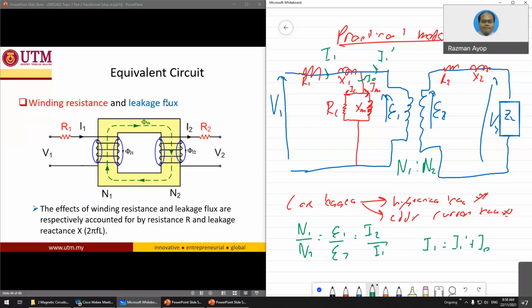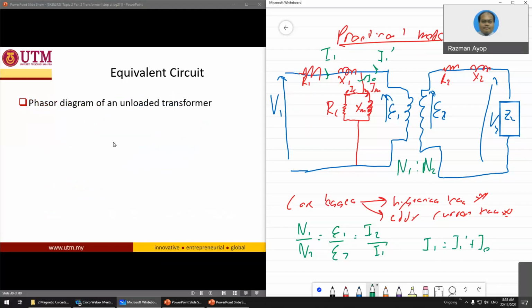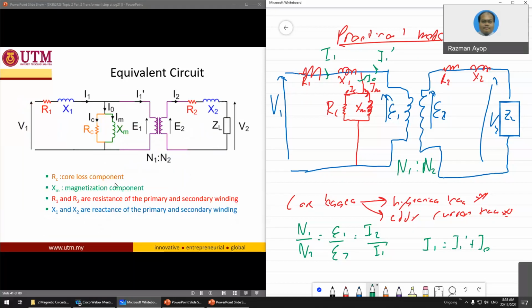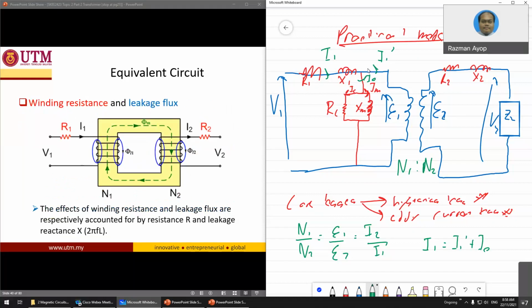So there's a diagram. Maybe later I will show you the phasor diagram. This is the winding resistance and leakage flux, which I already explained to you. Winding resistance you represent as R1 and R2. Flux leakage you represent as reactance, X1 and X2.